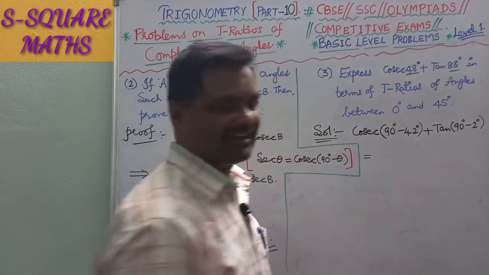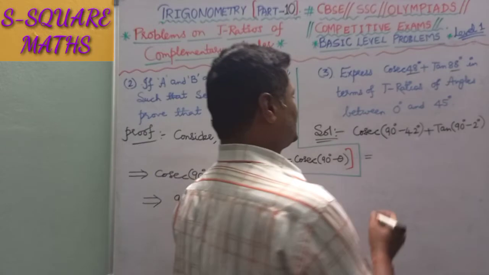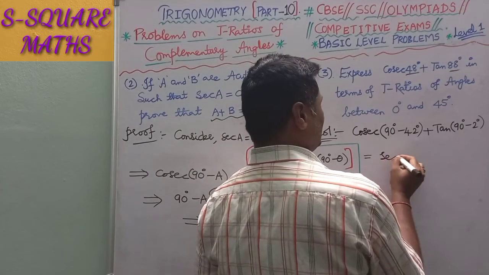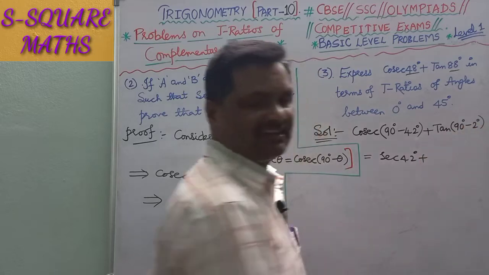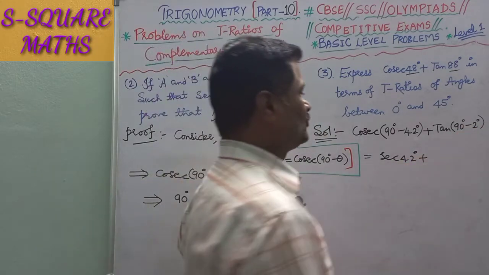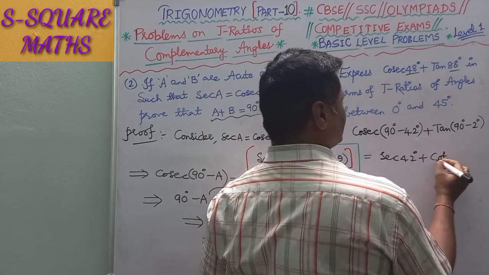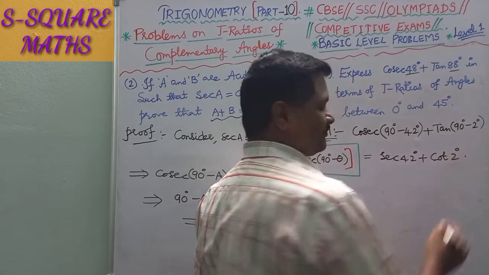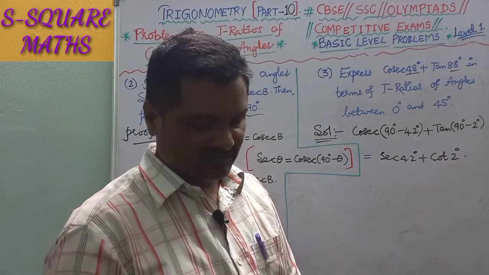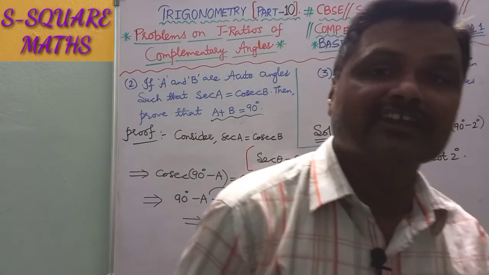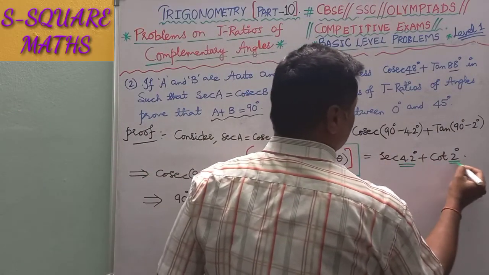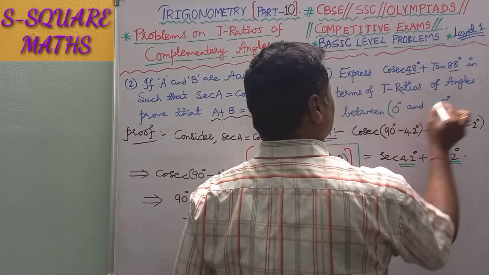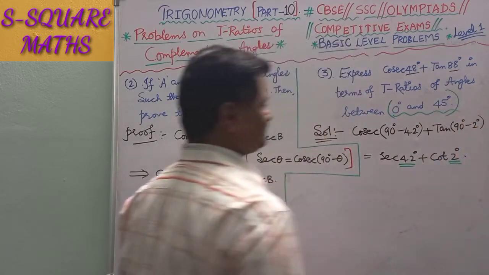So cosec of 90 minus theta is sec theta. So I can write now here sec of 42 degrees plus tan of 90 minus theta is cot theta. Theta is 2 degrees. So I can write cot 2 degrees. So just apply the two basic formulas. If you observe very carefully, 42 degrees and 2 degrees lie in our range.